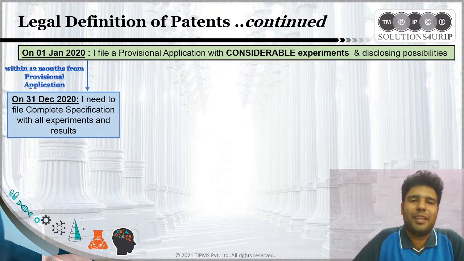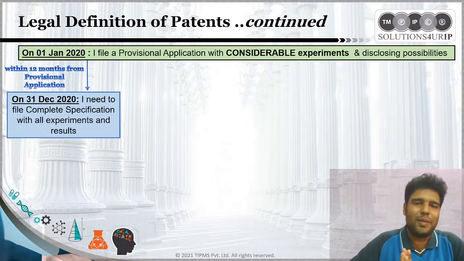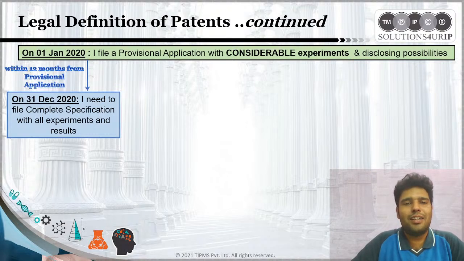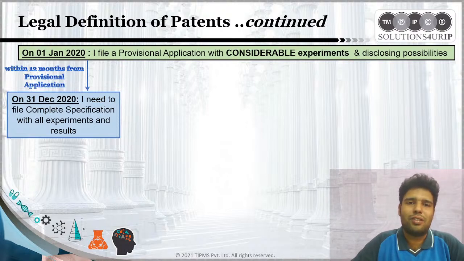So while you make the complete patent application, you have to file 2 additional forms, form number 3 and form number 5. Form number 3 is a declaration that you have not filed the patent application in any other country except India. And also, if you have filed it in any other country, inform in your declaration where else you have filed.